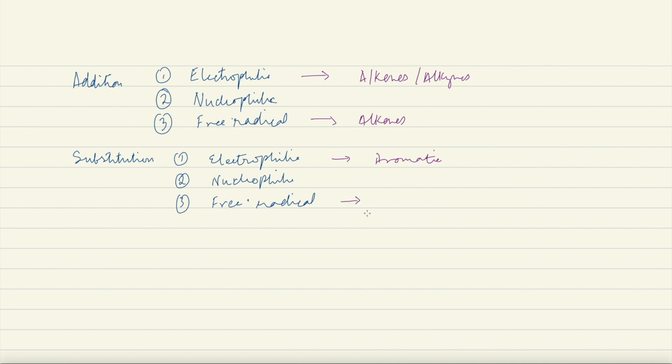Free radical is the substitution like in the alkanes, like bromination and chlorination of methane. If you remember, CH4 will react with Cl2 in the presence of light to give you CHCl3, or actually multiple products can be obtained, say CH3Cl and so on. So we have encountered these reactions in your first semester.